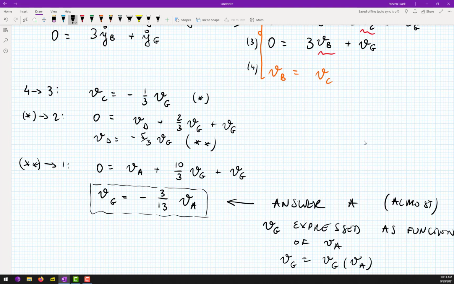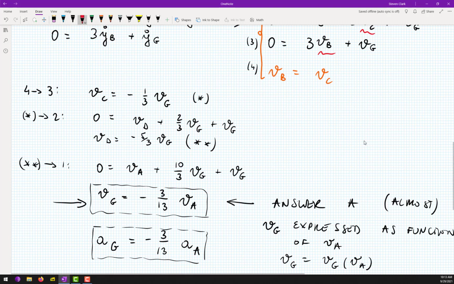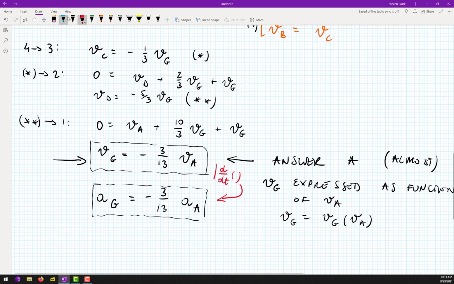What shall I do? Once we have this one, maybe some of you can tell me how to find AG. Yeah, 313 AA, exactly. Just differentiate once to obtain this one.